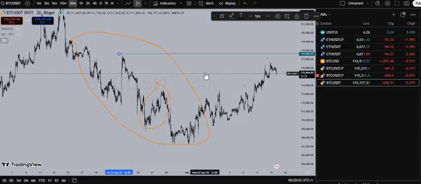Now, in a demand market and in a supply market, the levels, the areas where we have this concentration of buyers and sellers can usually be identified on your price chart because, like we have stated, what moves price is the competition between buyers. So Bitcoin is at $100,000. It dropped from $100,000 to $70,000.